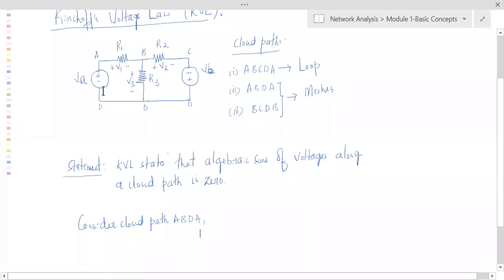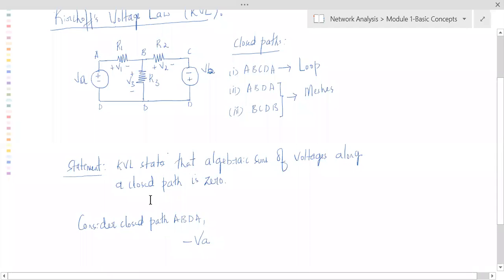Now when I'm coming across VA, which sign of VA am I approaching? When I approach VA, I'm approaching the negative sign of VA. So which sign I approach, that sign should be attached to that particular voltage. That means the first voltage that I should consider in the algebraic sum is minus VA.